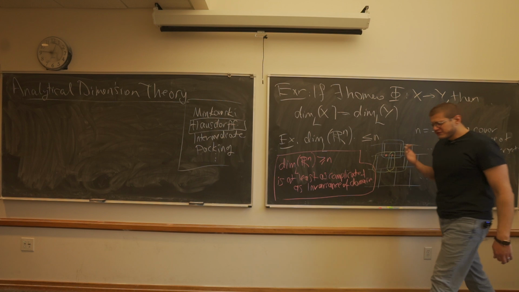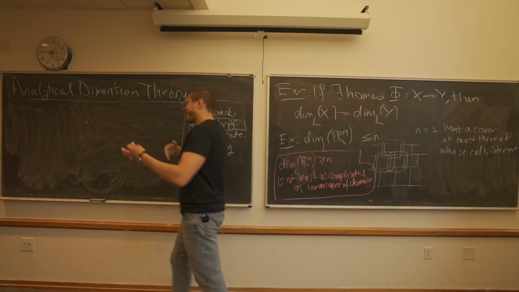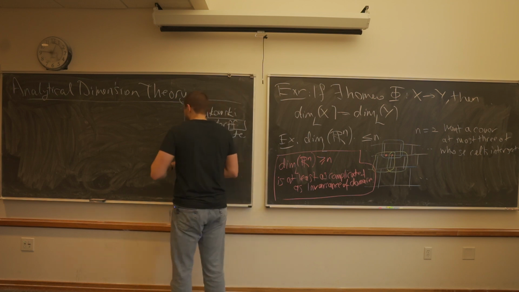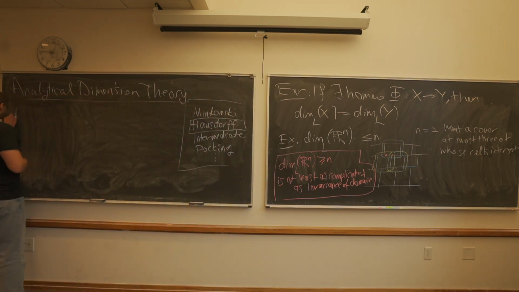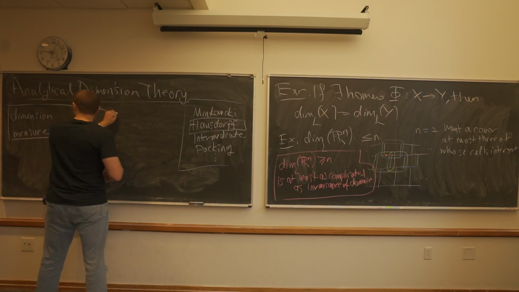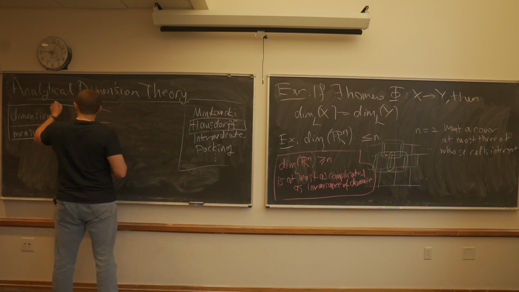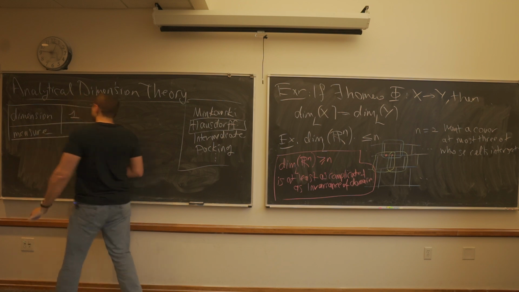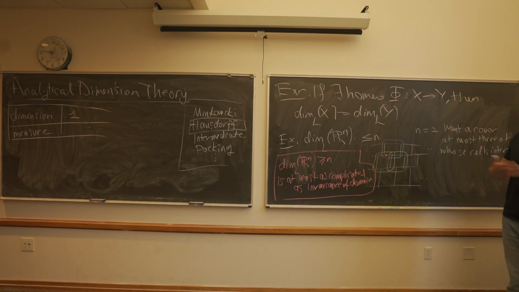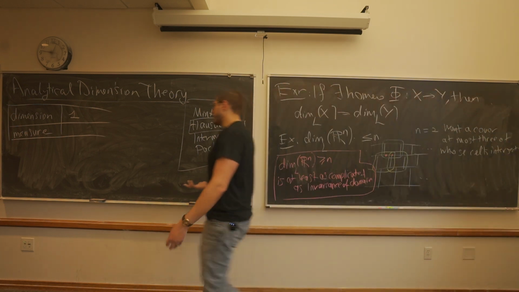So what is the difference between a dimension-like thing and a measure-like thing? Maybe I should write that over here. To dimension 1, the corresponding notion of measure should be something like length.